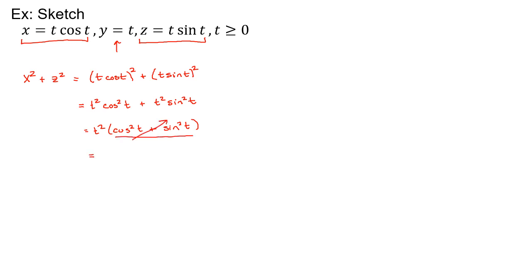That's just going to go to 1, and you have t squared. But what is t squared? At the top, the easy equation, y is t. So if y is t, then what's t squared got to be? It's got to be y squared. Now, all that stuff comes from me doing the 2 operations of exponents and addition. So we have now created the equation that x squared plus z squared is y squared.